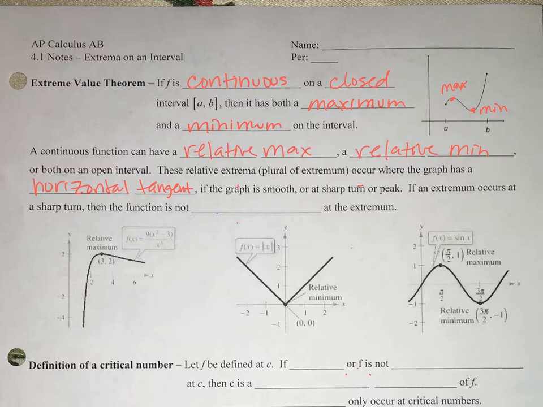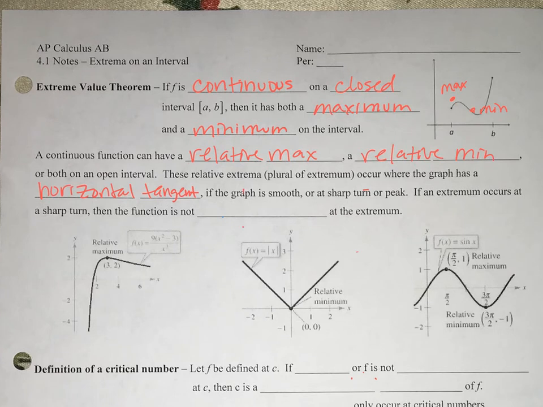Now, if the graph is not smooth, if there's a sharp peak or a sharp turn, if an extremum occurs at a sharp turn, then that means that the function is not differentiable at that extremum.